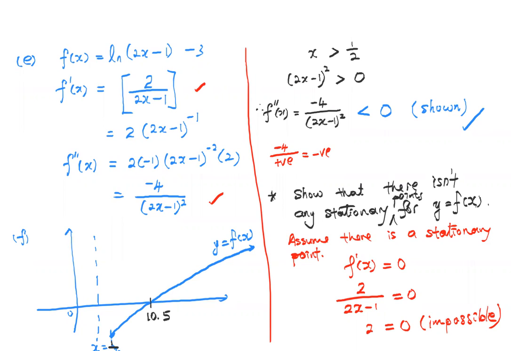When I say graph the function, show the features that you have found, I give you 2 marks. If you didn't write down the vertical asymptote, 1 mark will be deducted. If you don't write down the x-intercept, you will lose 1 mark.